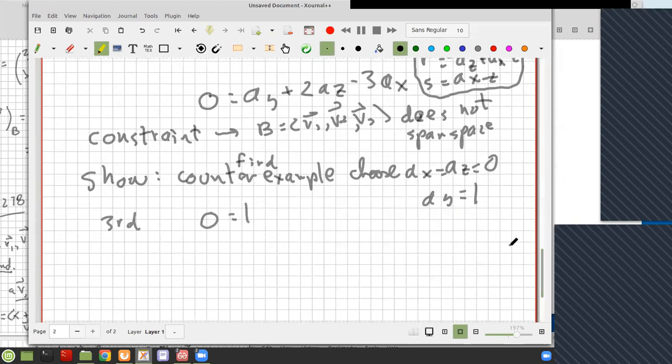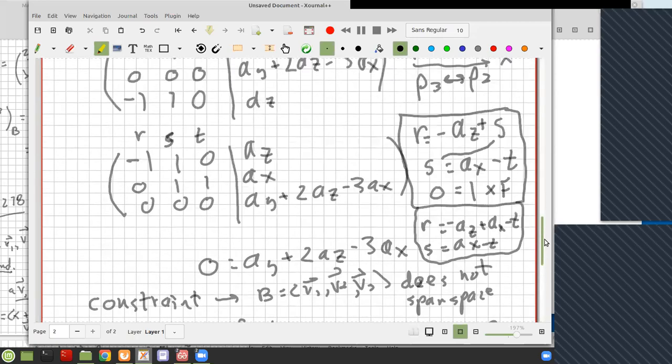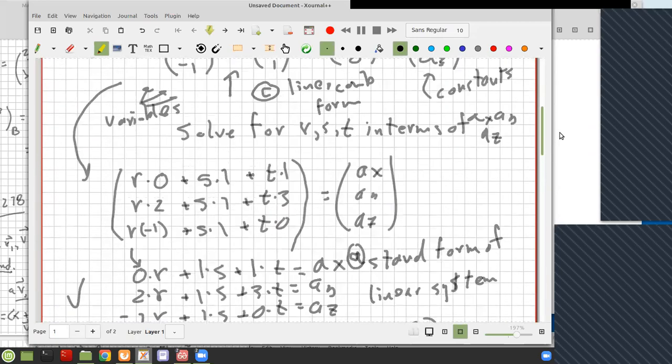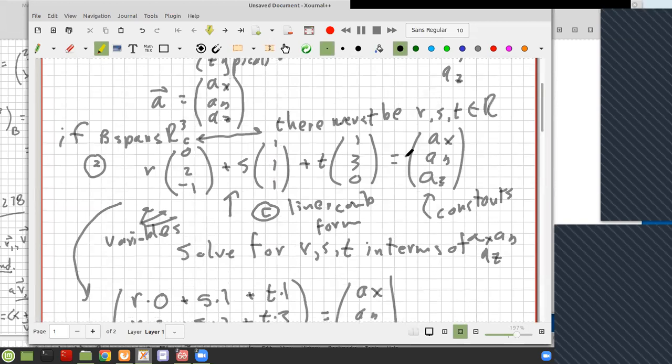And the way you want to do it is you want to say, well, look, here's a counterexample. Here is this vector, 0, 1, 0, and it cannot be represented. There's no way to choose R, S, and T so that this is true.